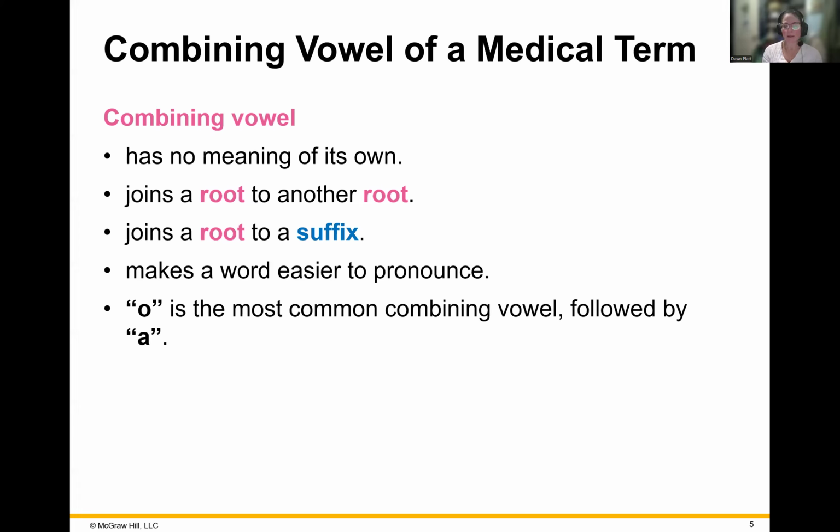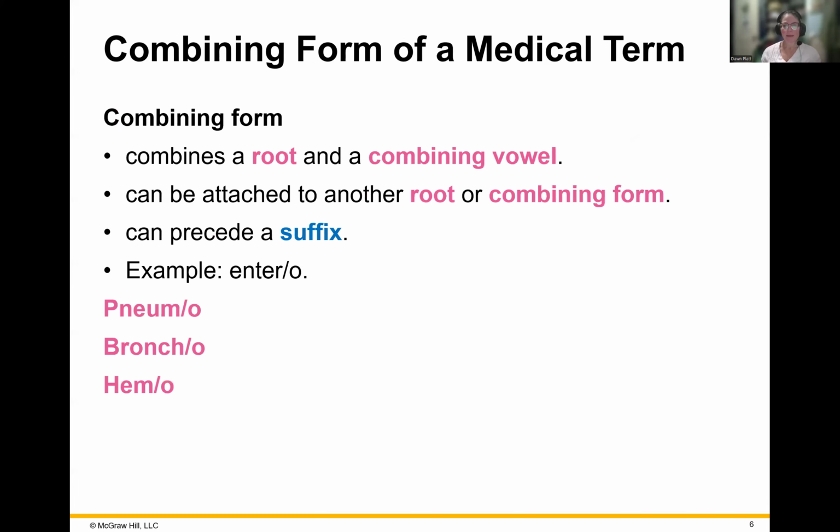That's where the combining vowel comes into place to make a root word into a combining form. Most of the time, it's going to be O that's added, or it could be A, but it could be any vowel, A-E-I-O-U. Most of the time you're going to see O's and A's added in there, and it just makes it more fluid. That's all it does.